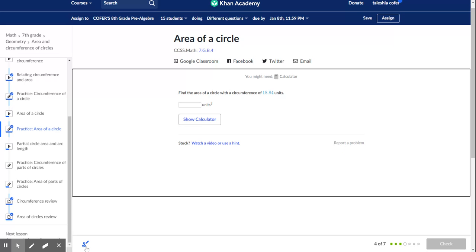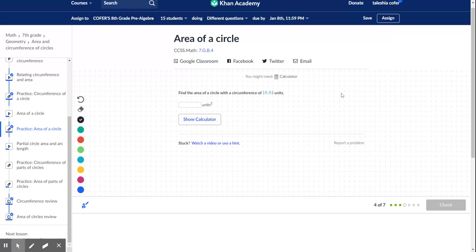On this one, they give me the circumference, and they want me to find the area. Yesterday, we learned that the circumference was equal to 2 times pi times r. We know today that the area is equal to pi times r squared.